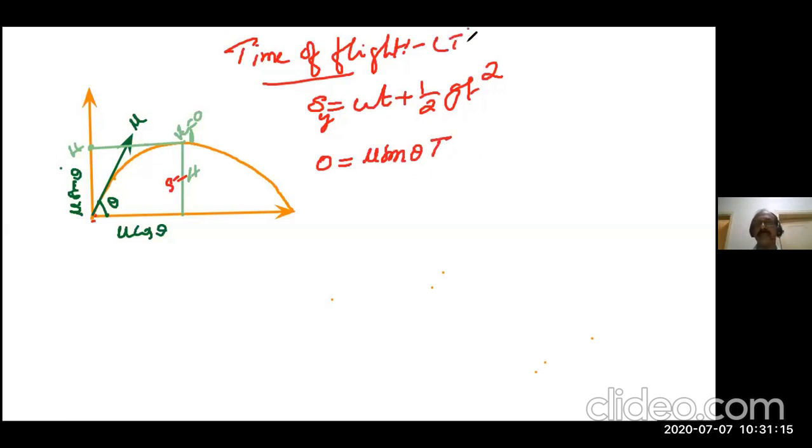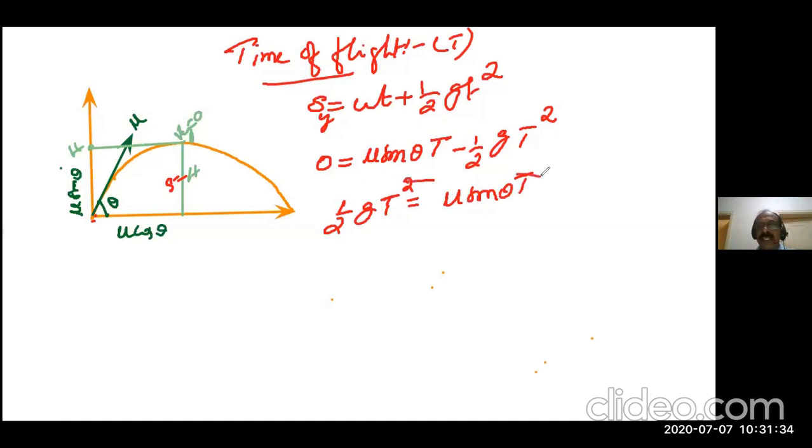Minus half g t squared. Half g t squared is equal to u sine theta into t. Here t cancels. Then time of flight is equal to 2u sine theta divided by g.